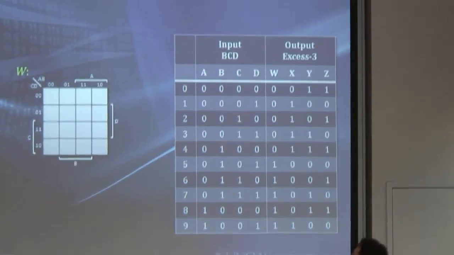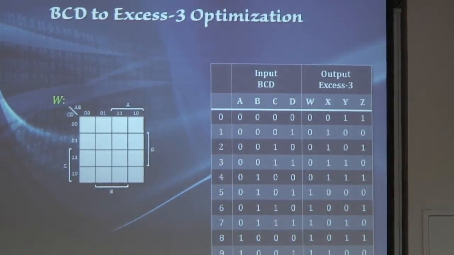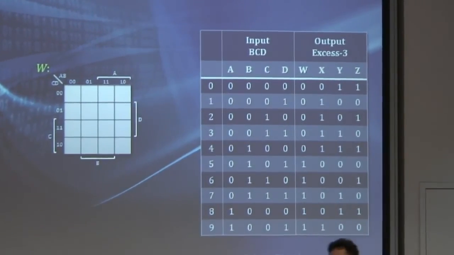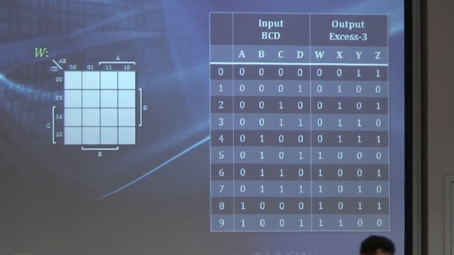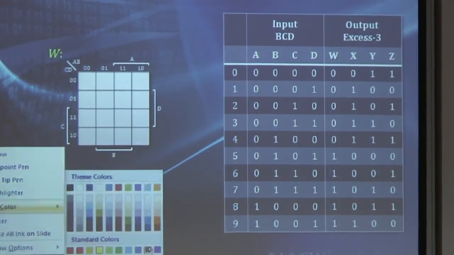Now, as I said, we need to treat each one of those functions and deduce its own corner map. So we'll start off with W, and we'll go one by one.